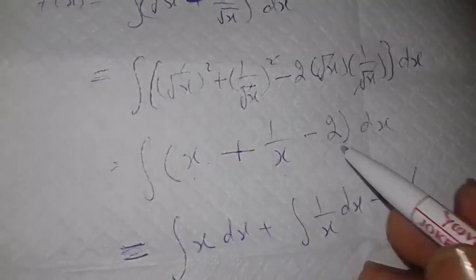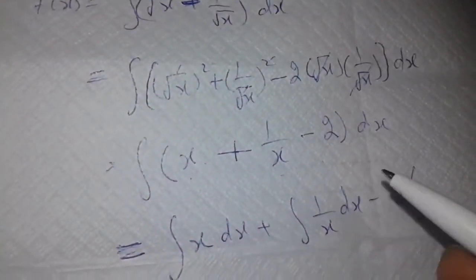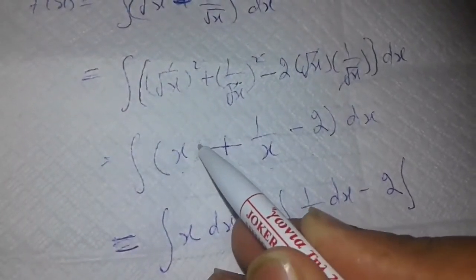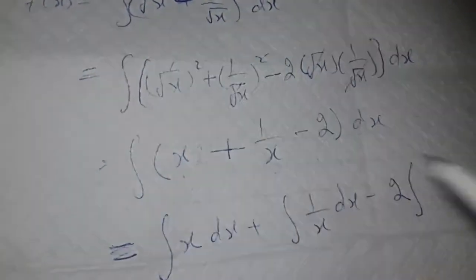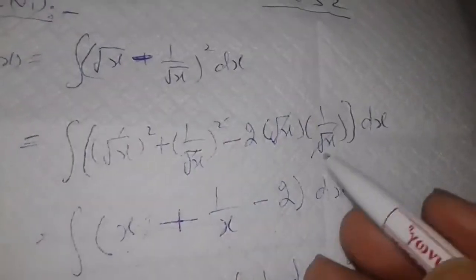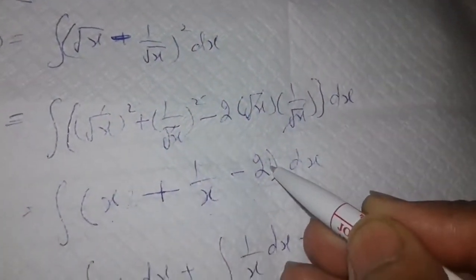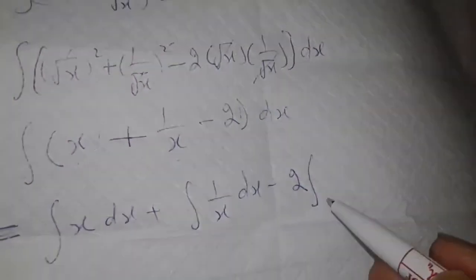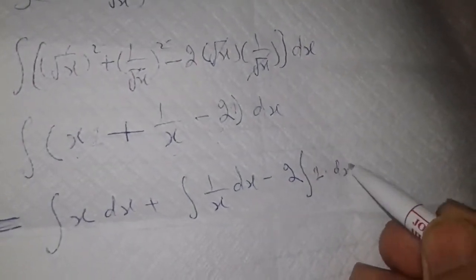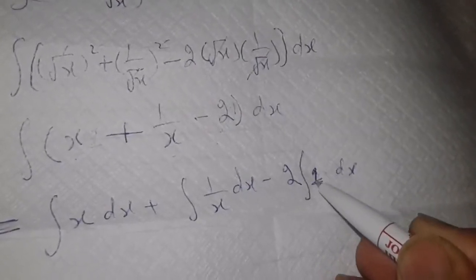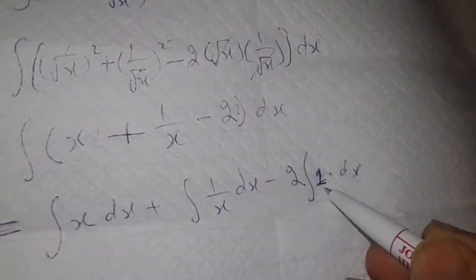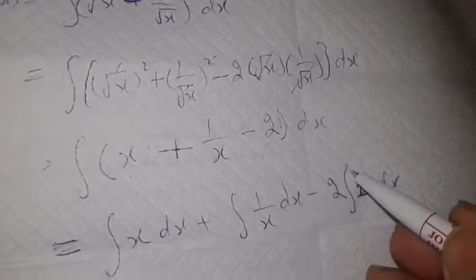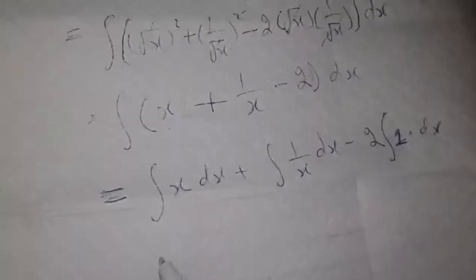We know that every term can be multiplied by 1 because it is a multiplicative identity, so 2 can be multiplied with 1. Integral of 1 into dx. Here we write 1 multiplied by dx because 1 is a multiplicative identity, so we write it inside the integration, not outside.